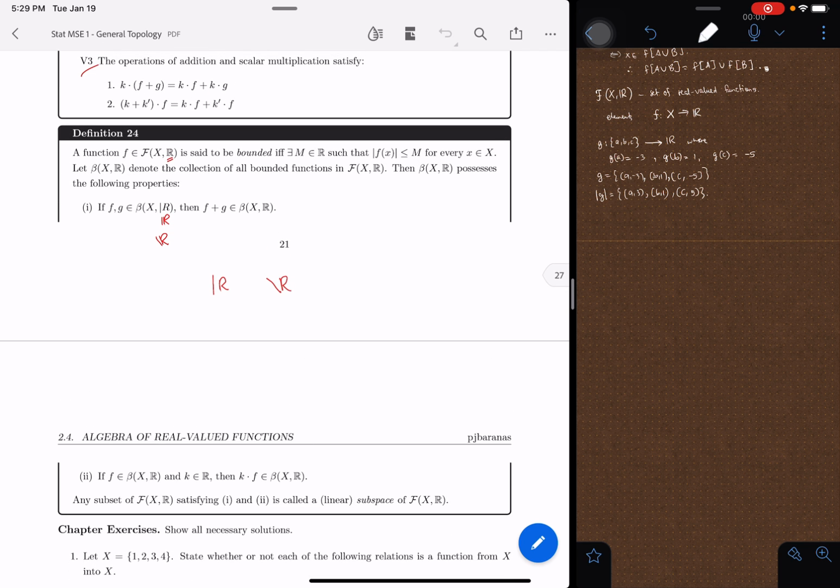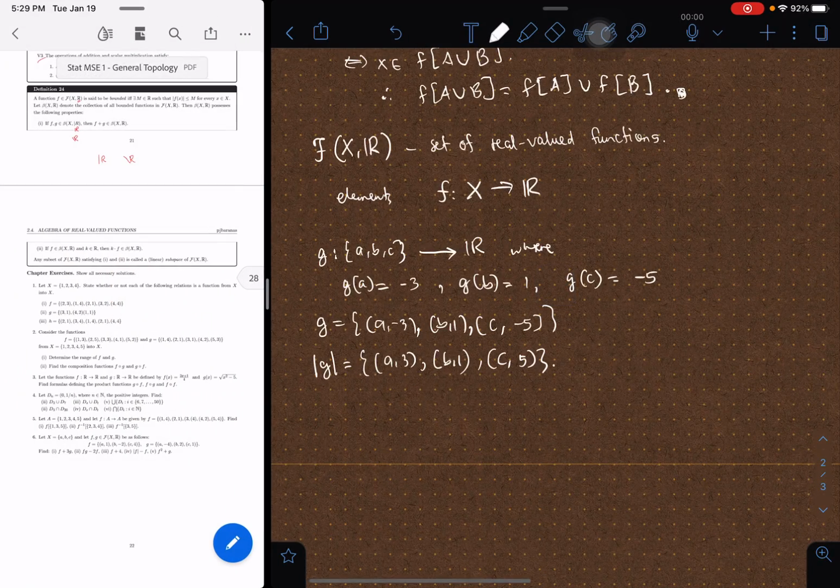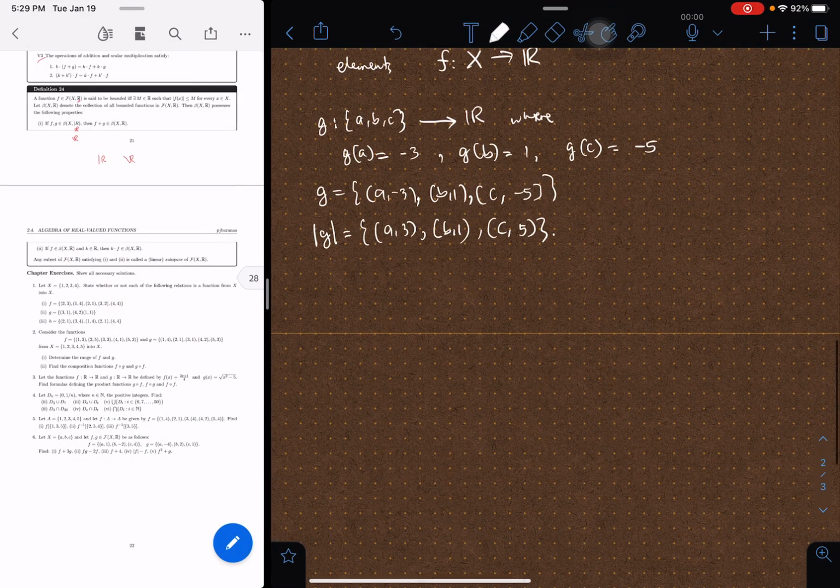An example of a bounded function is f of x equals sine of x. This is bounded because the graph is just a wave.